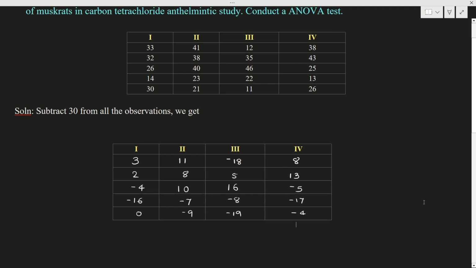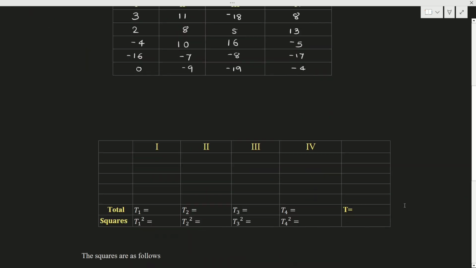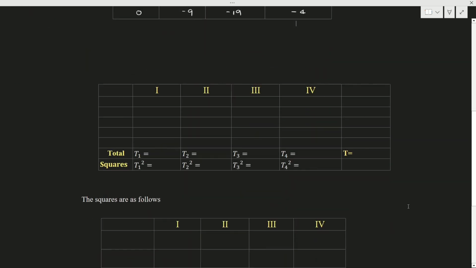Now, according to the ANOVA test, the first step is: in the first table we need to add all the values with respect to each column, then add their squares. In the next table, we write down the subtracted values as they are: 3, 2, minus 4, minus 16 and 0.